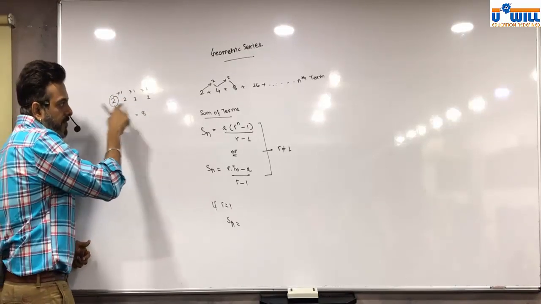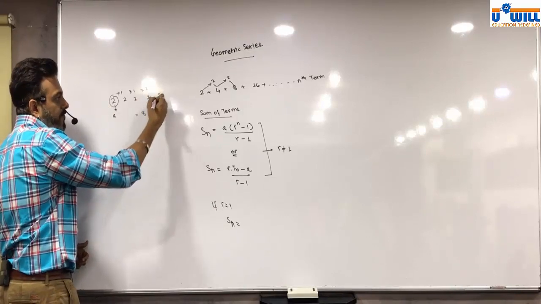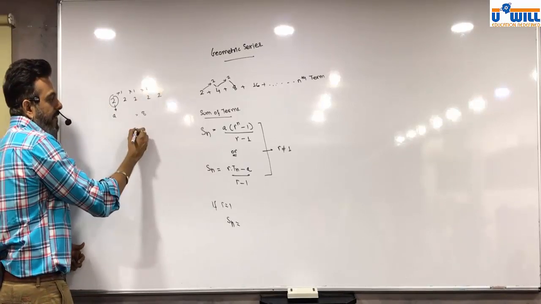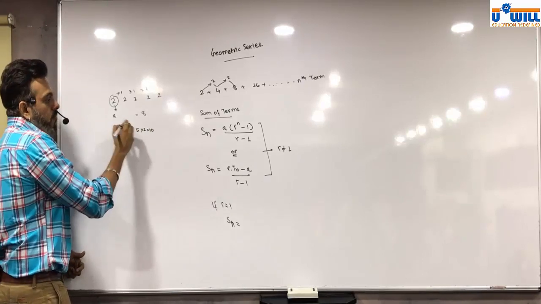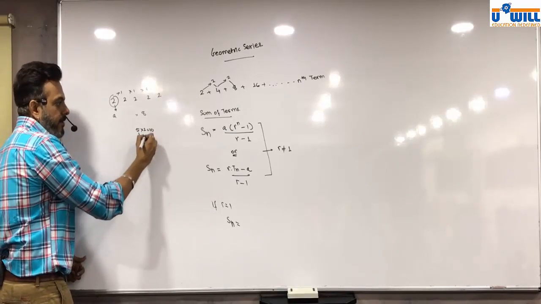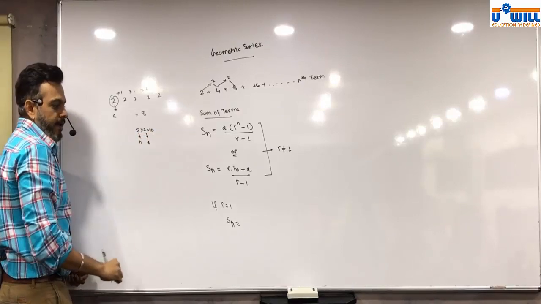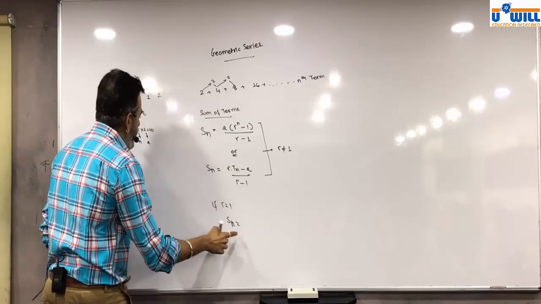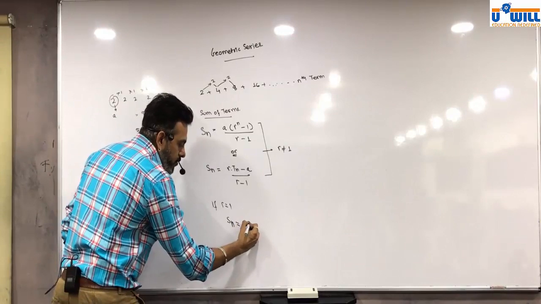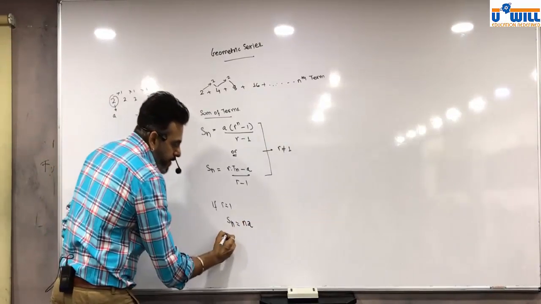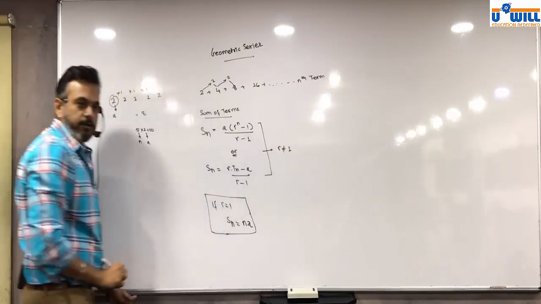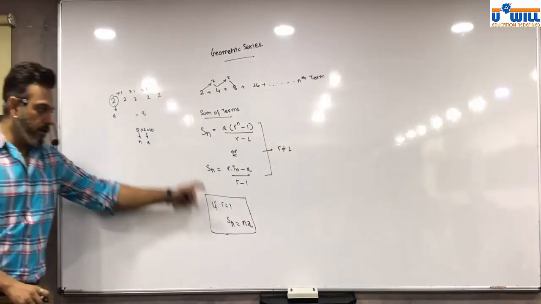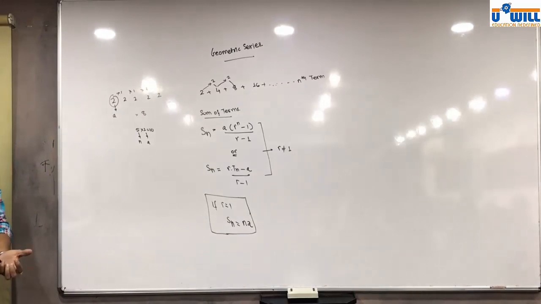Say if I want 5 terms, can I say 5 into 2, which is equal to 10? So this 5 is n and this 2 is a. So if r is equal to 1, Sn is equal to n into a. It can come in short sums. Understood this? Okay, write both of these down, then we will write more rules.